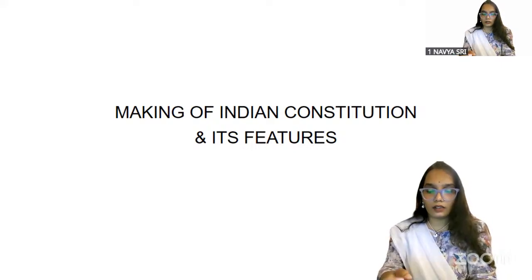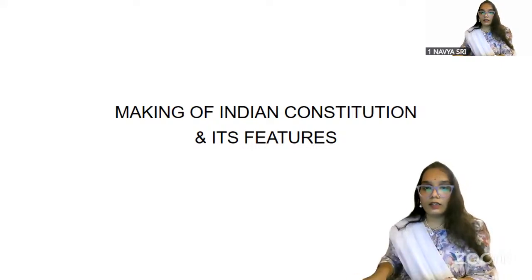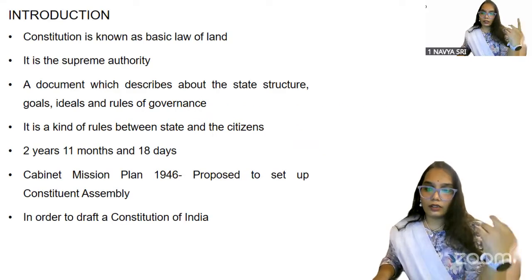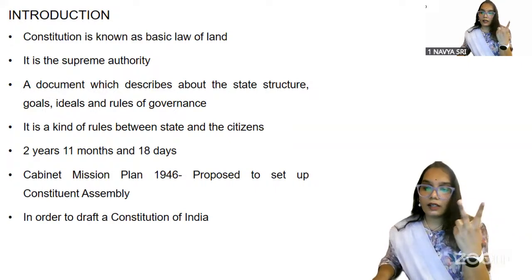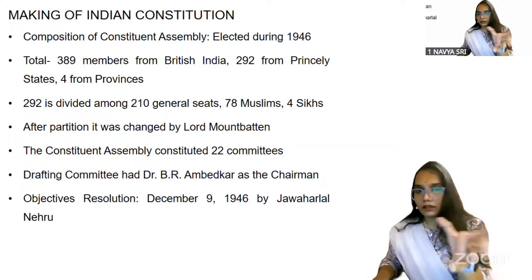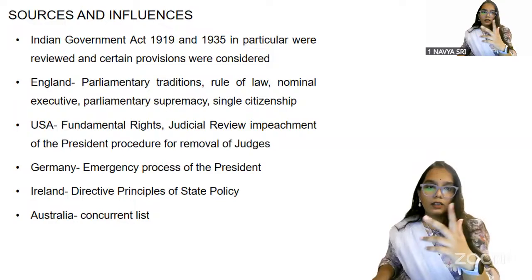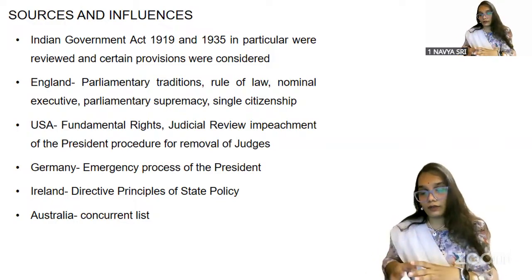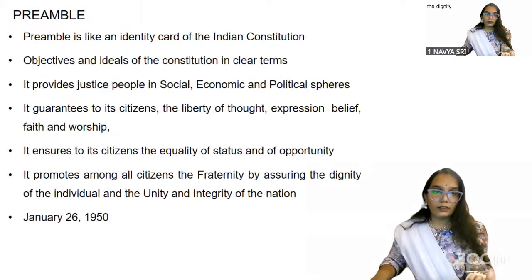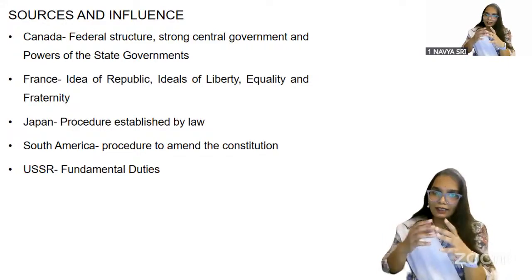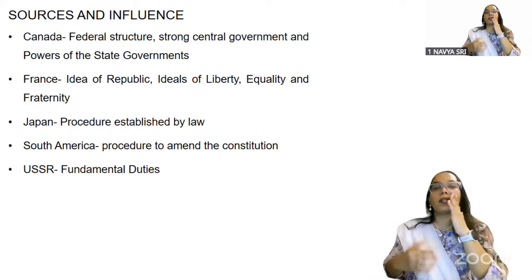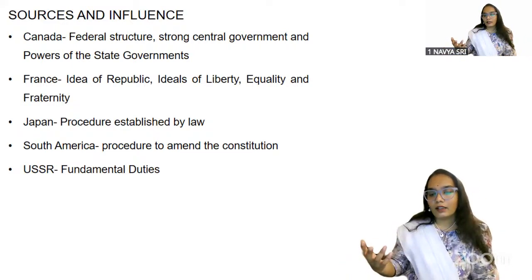You will be asked this question in your end SEM. Then you have to write the salient features, then explain the introduction: what is a constitution, the definition, and how long it took for India to have its constitution. Then the making of the Indian Constitution, write a little about the Constituent Assembly. If they ask you about sources and influences of the Indian Constitution, then you have to write from slide 5 to 6, and expand it a little, in a descriptive format, not point-wise, because presentation is very important in writing an answer.